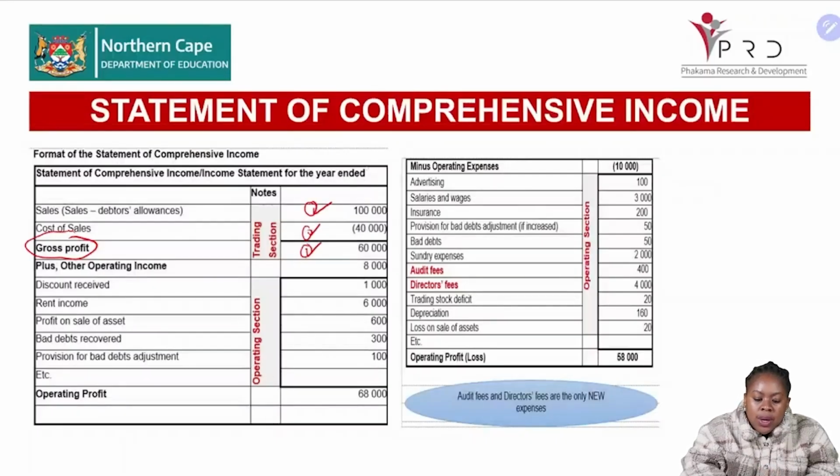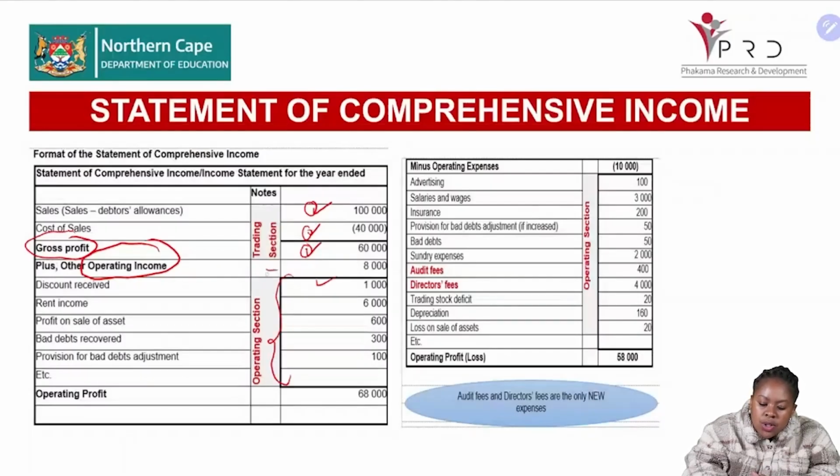Okay, then we have our other operating income that will consist of all the other income that we are going to receive. If we receive a discount, then we record that, the rent income, profit on sale of an asset, and so forth. And then we add everything in this block to get the total of the other operating income. That is also an operational mark.